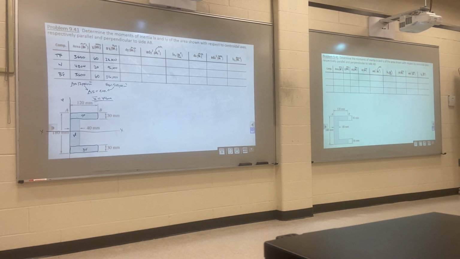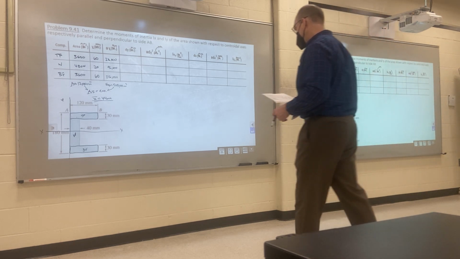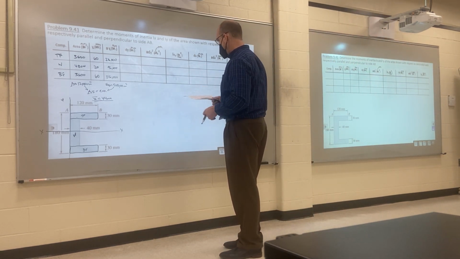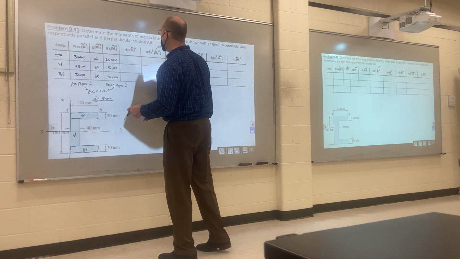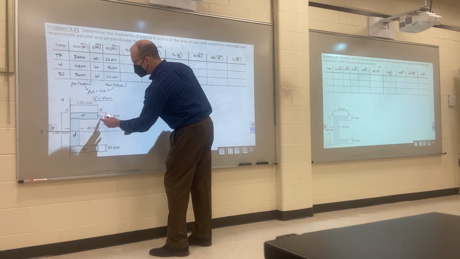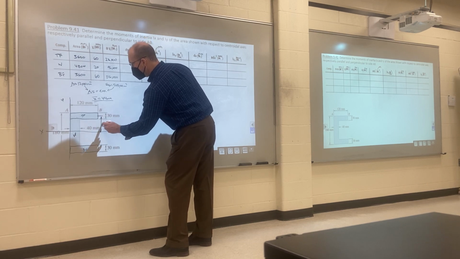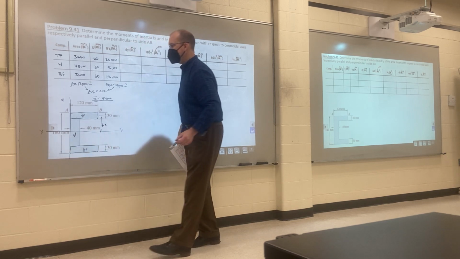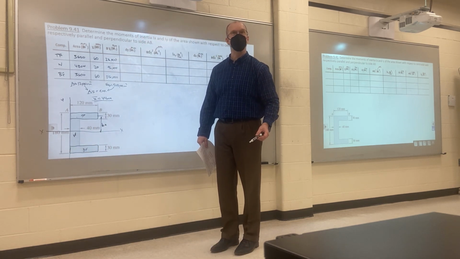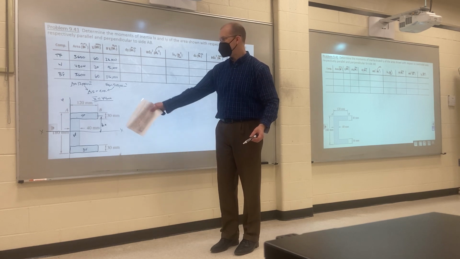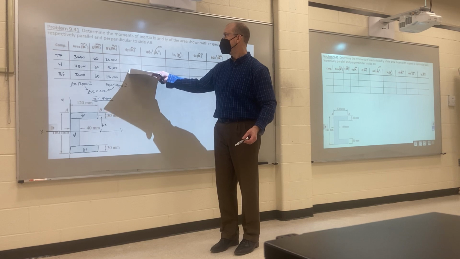Once I have x bar, now I can calculate the d's. Just looking at y bar, dy is the distance from the centroidal axis of the composite shape. That's d1y, and this is d3y. And the web member, what is the d for the web member? What do you think, Colby? What's the transfer distance for this one right here?